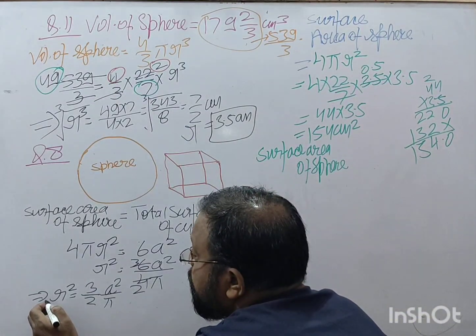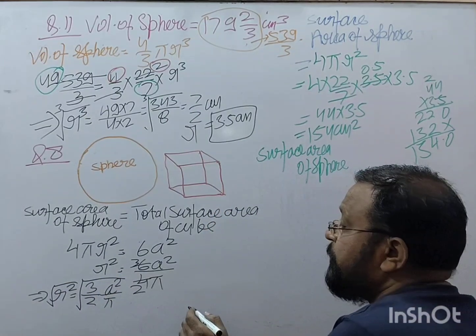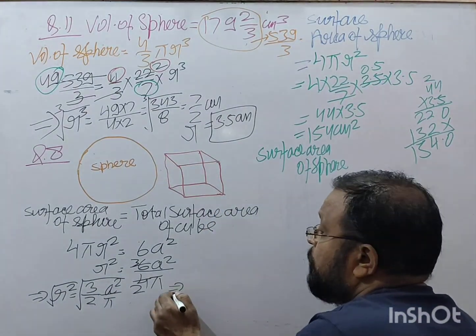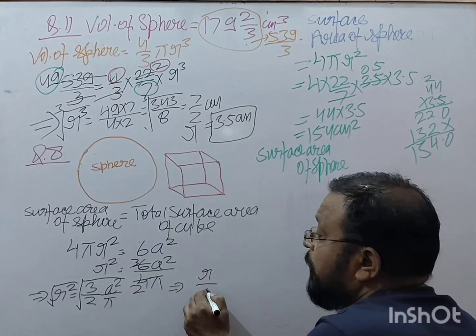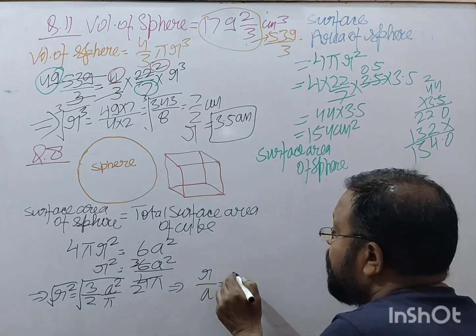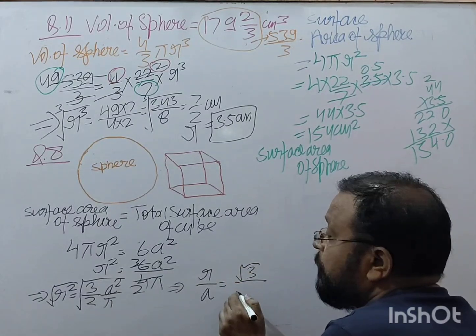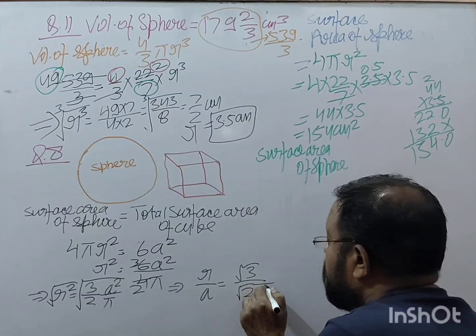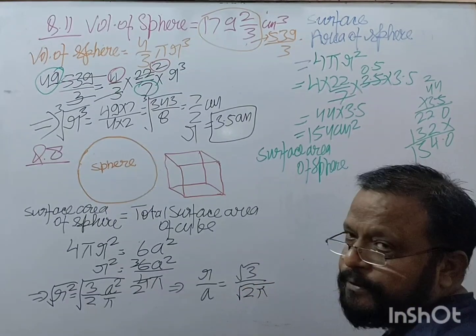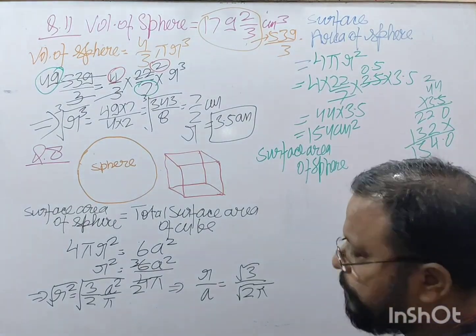Now if you take root over both sides, how much you get? You will get R upon a is equal to root 3 upon root 2 pi. You get this? Okay.